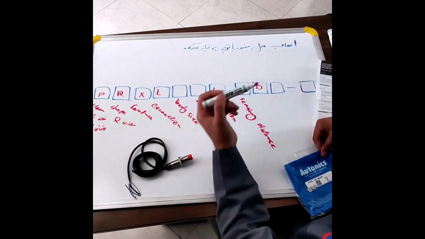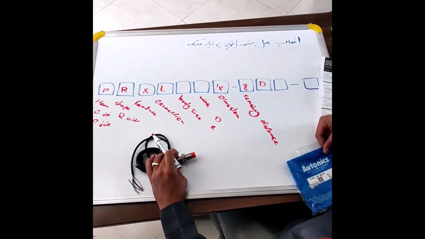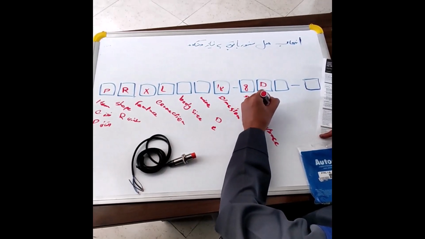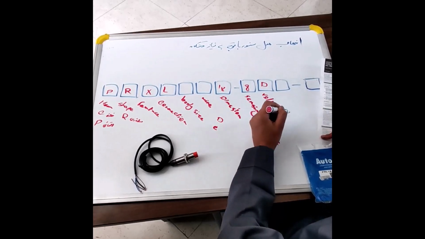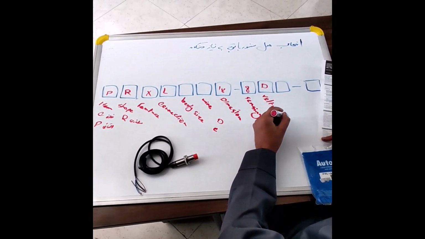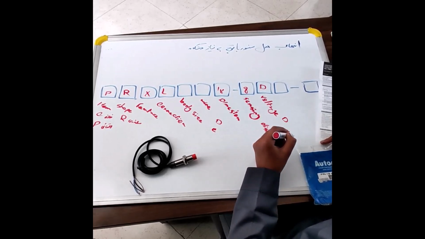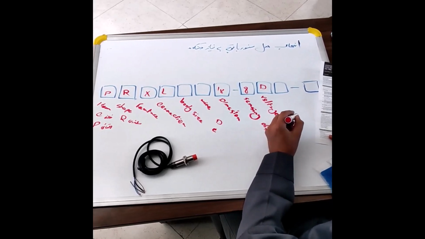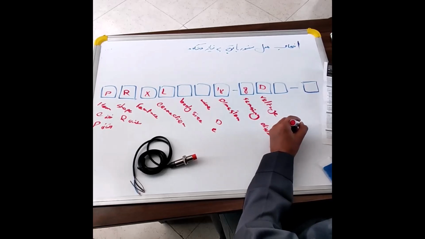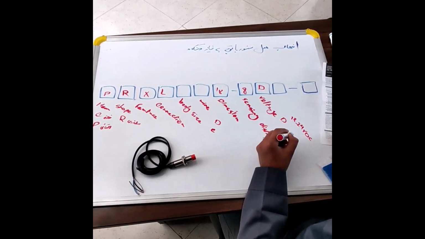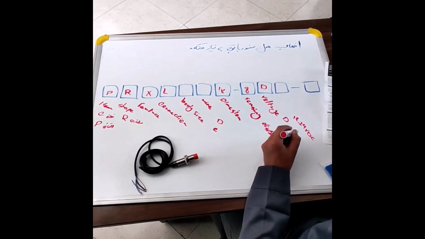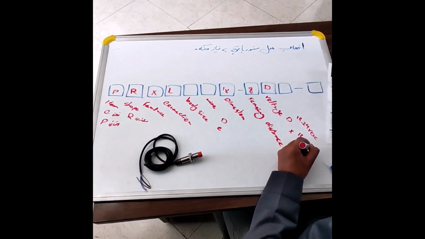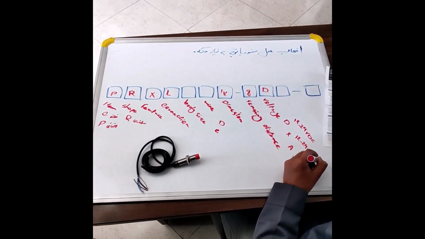The ninth square displays the letter D for this sensor. This square displays the output voltage model, which is displayed with the letters D, X and A. The letter D shows from 12 volts to 24 volts DC. The letter X shows from 12 volt to 24 volt DC, which is nonpolar.